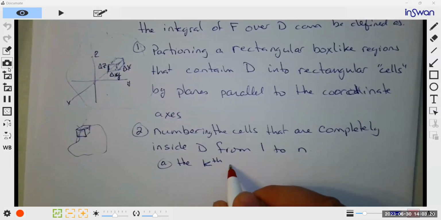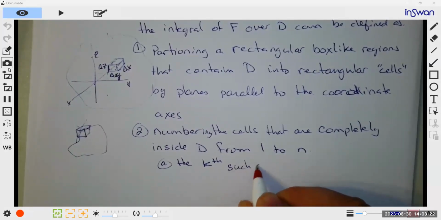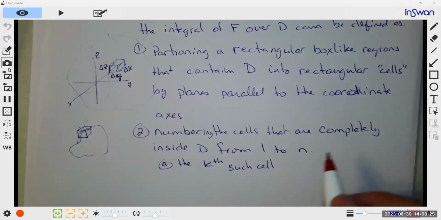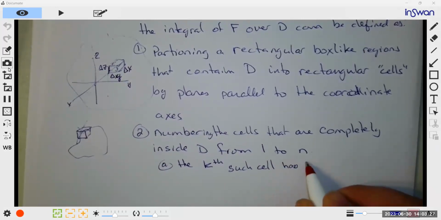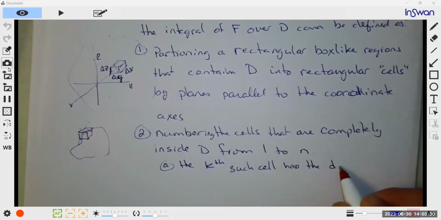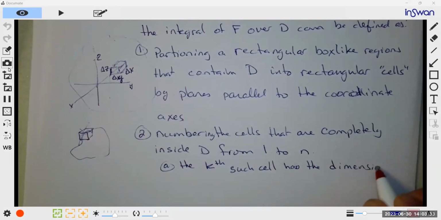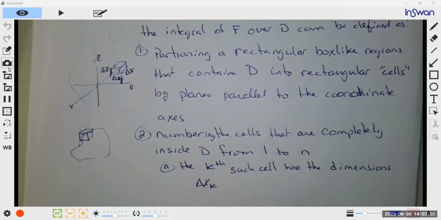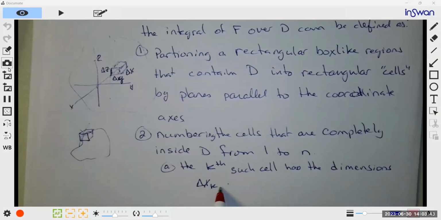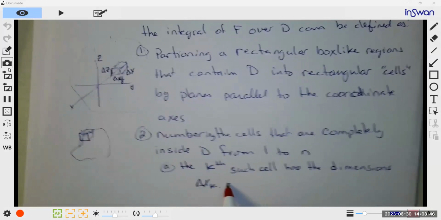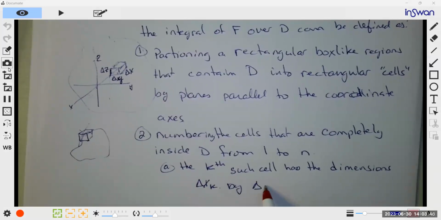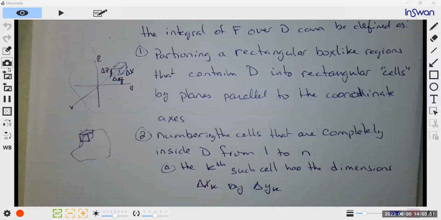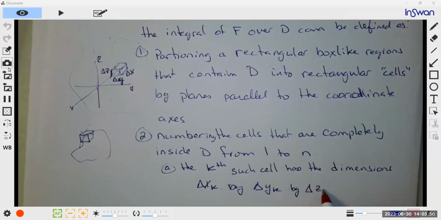The kth such cell has the dimensions delta x sub k, that's the width, the x-axis, by delta y sub k, the horizontal, by delta z sub k.